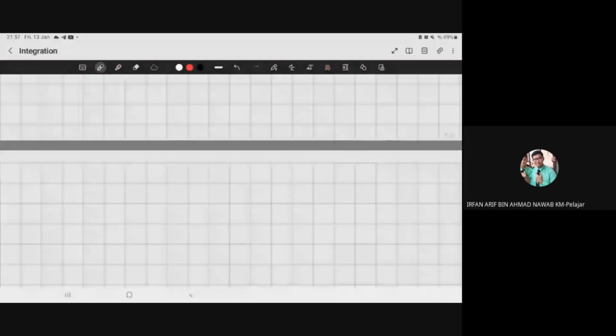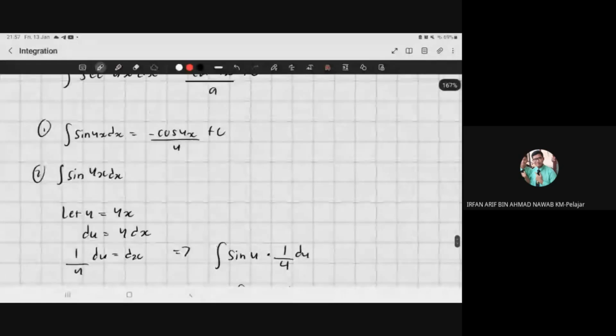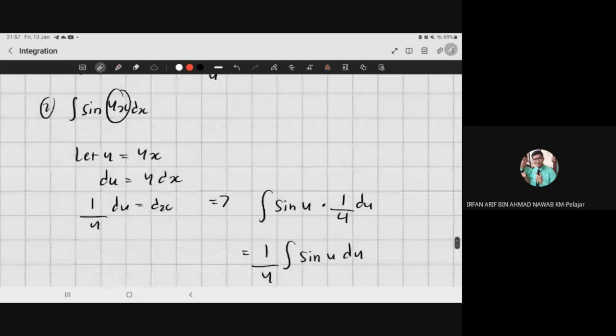Can you explain why we choose 4x as u? Okay, why do we choose that? In my opinion, we have this method called trial and error, because as we learn higher levels, there are more complicated equations, which I already showed you before. So you have to try and error. But here it's really straightforward, because this is the only term where when you differentiate it, it's equivalent to dx.